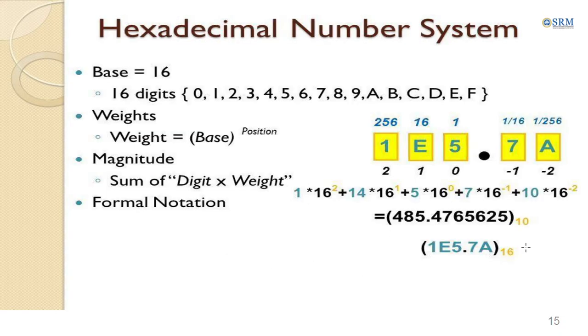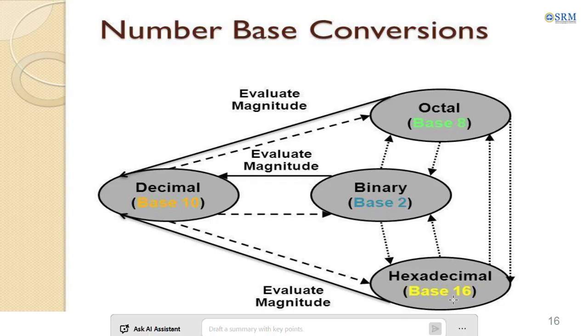You can see that when we try to evaluate the magnitude, the binary to decimal conversion is there, and again we can revert back. Similarly, octal to binary we can go anytime. Just to evaluate the magnitude, we always have to represent the thing in decimal. The rest of the things you can convert from decimal to octal.